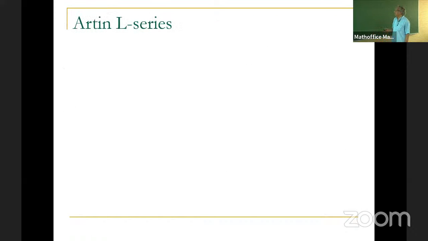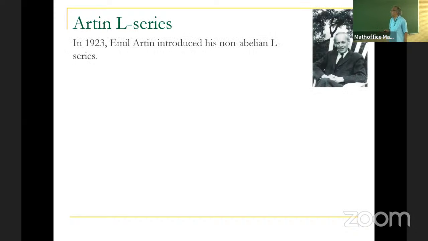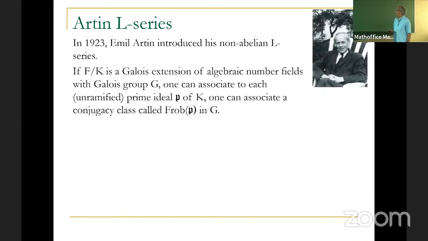Around that time, the 1920s, Emil Artin was introducing his non-abelian L series, which was to generalize what Dirichlet had done. So what did Dirichlet do? He took a character of the coprime residue classes modulo M, and he attached a Dirichlet series to that.